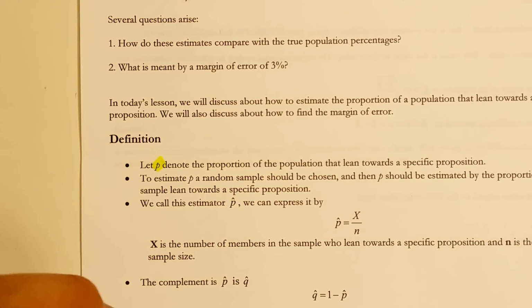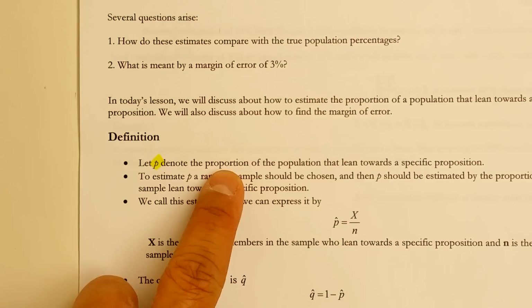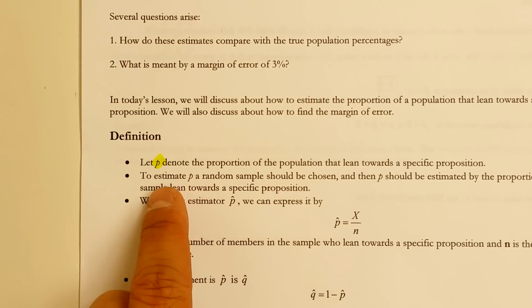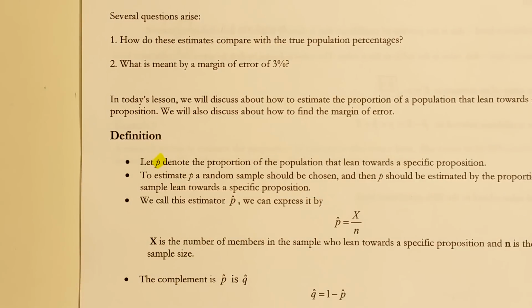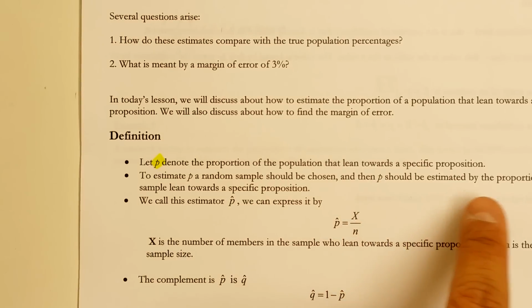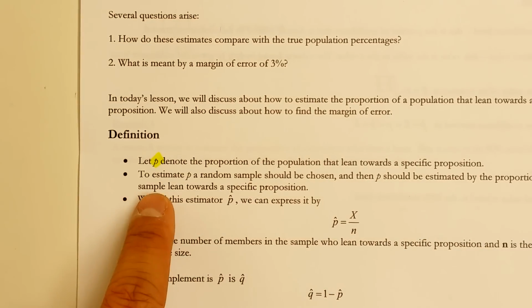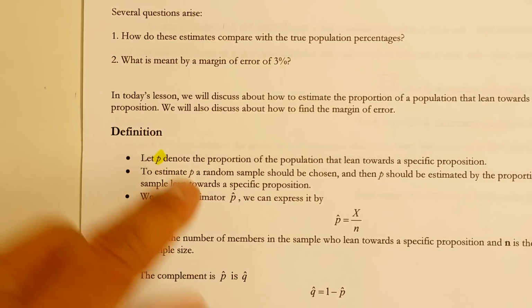Remember, the words proportion and percent can be used interchangeably. To estimate P, a random sample should be chosen. So we choose so many people to try to estimate the true number, and then P should be estimated by the proportion of the sample. Whatever we get in our sample, we use that to estimate the true number.